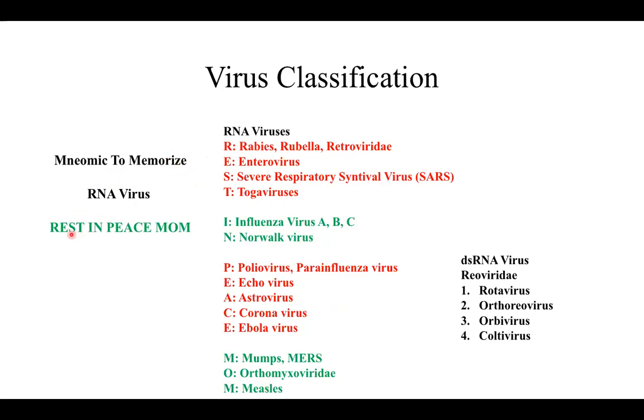E of rest indicates the enterovirus, while S of rest indicates the severe acute respiratory syndrome virus, SARS, and T stands for the Togavirus. Similarly, in rest, I stands for the influenza virus A, B, and C, and N stands for the Norwalk virus.